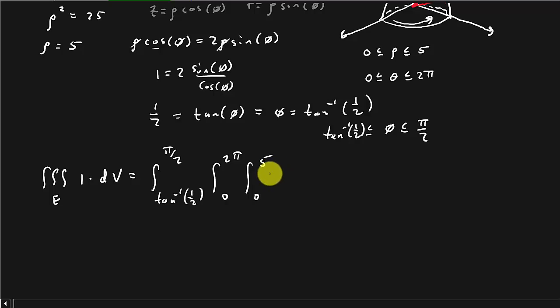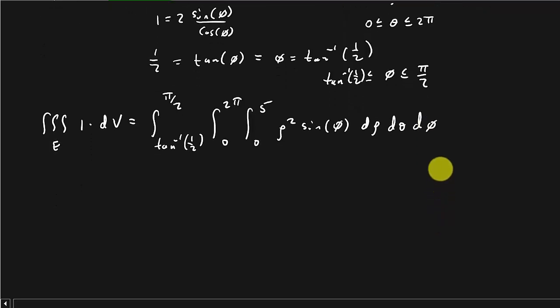And now remember, when we go to spherical coordinates, that's rho squared sine phi, and then d rho, d theta, d phi.